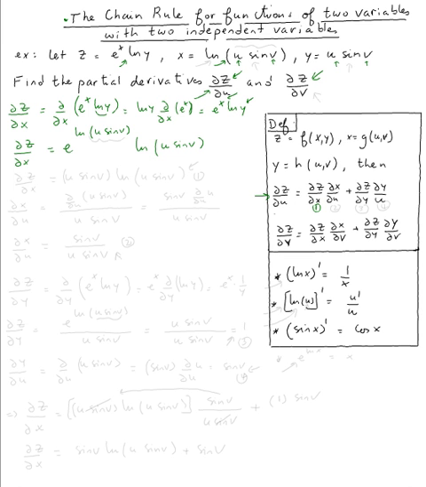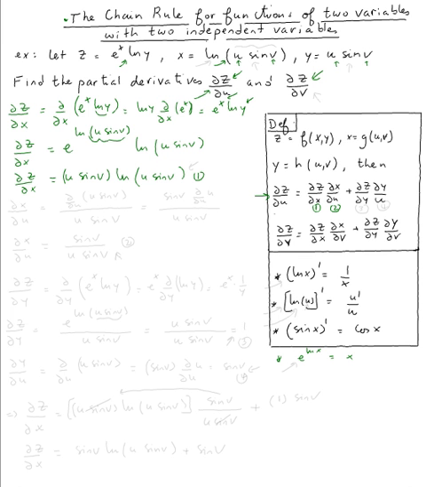We can simplify it more: e to the ln of something is equal to that something. So in our case, it's u sine v times ln of u sine v. We're going to call this 1. Now we need to do 2.